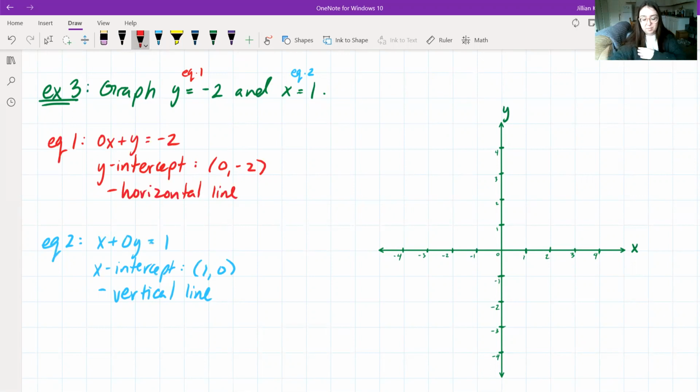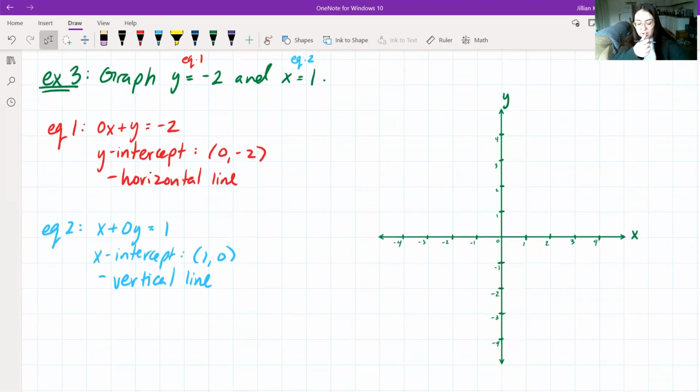So let's go ahead and graph them. So our horizontal line is at our y-intercept, and our y-intercept is at -2. It's at (0, -2). So we want to go ahead and find the spot on our graph. Our x value is 0, so we start at our origin, and we track down till we reach -2.